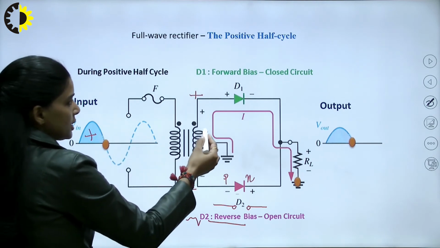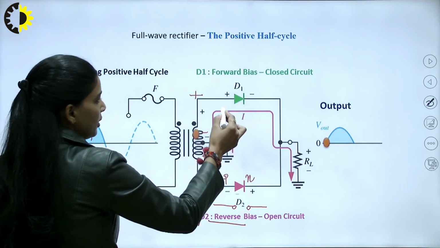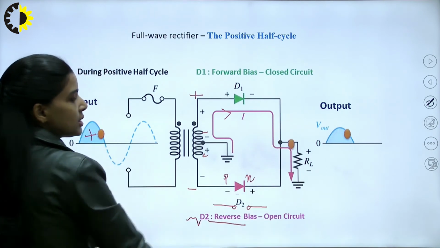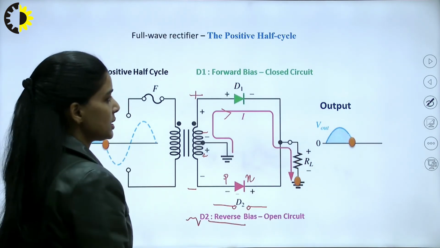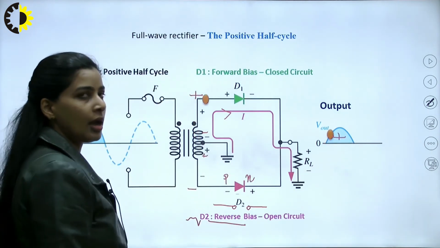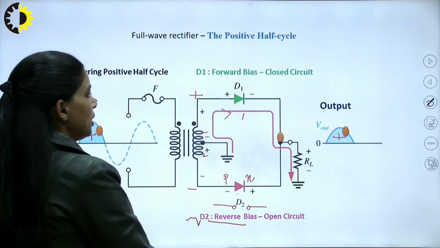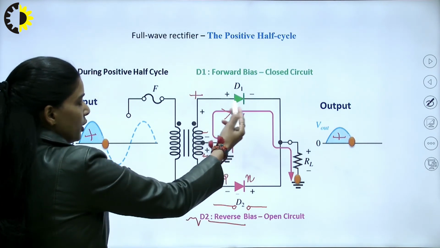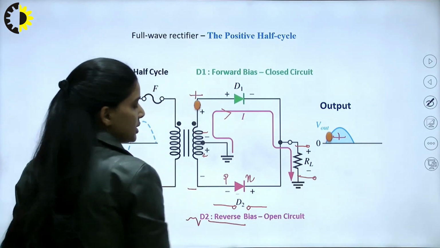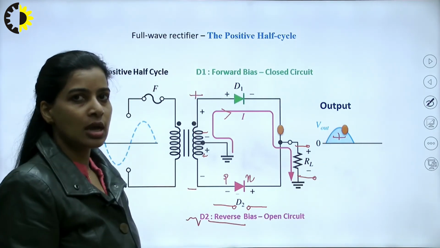So, this diode will be on and current will follow this path towards the load resistance, and we get the positive cycle at the output, because here the current is flowing through diode D1. So, there will be voltage across this resistance RL.